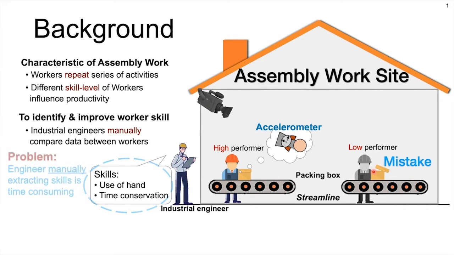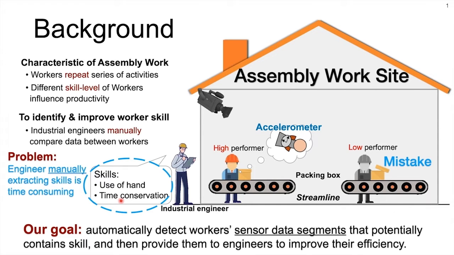However, because the number of workers in the factory is large, manually extracting skill is time-consuming. In this research, we focus on designing a supporting technique to automatically detect the workers' activities that potentially contain skill.